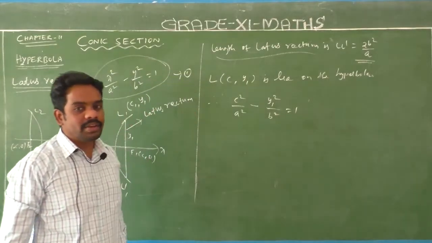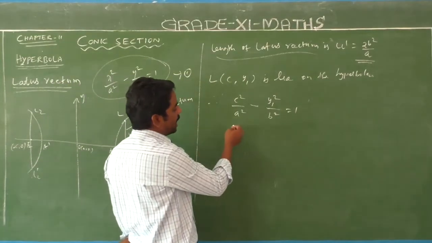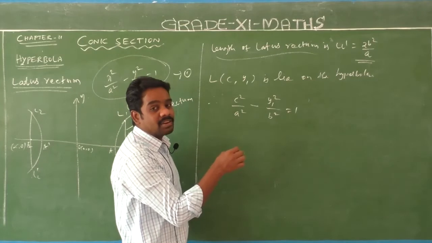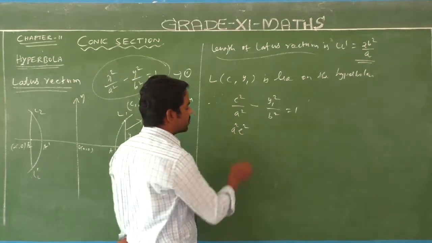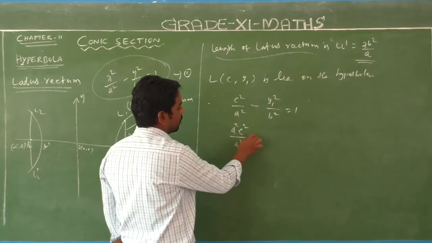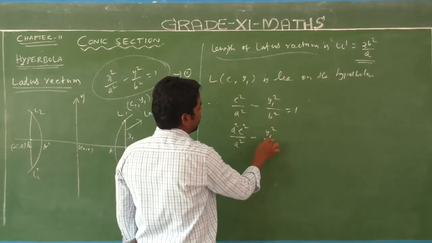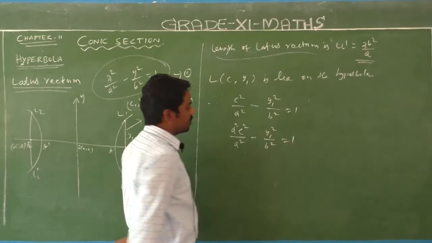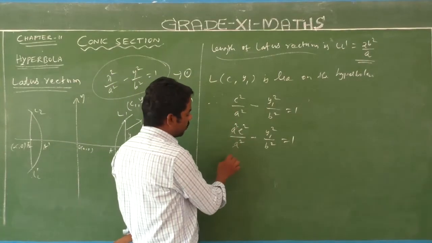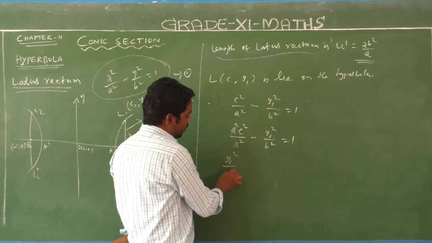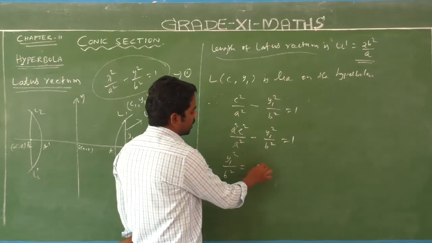You know c equals a e, so c squared is a squared e squared. A squared e squared divided by a squared minus y1 squared by b squared equal to 1. The a squared cancels, leaving e squared, so y1 squared by b squared is equal to e squared minus 1.